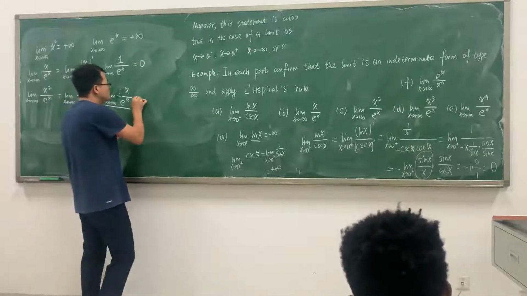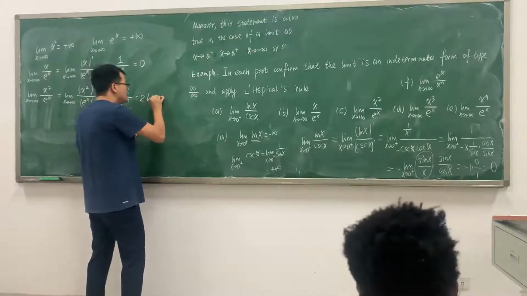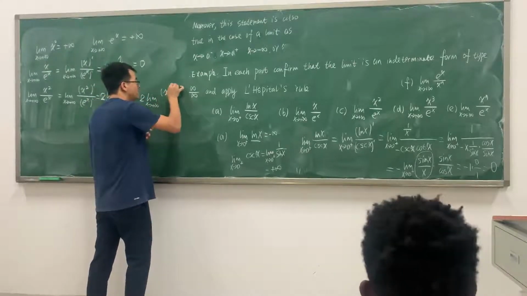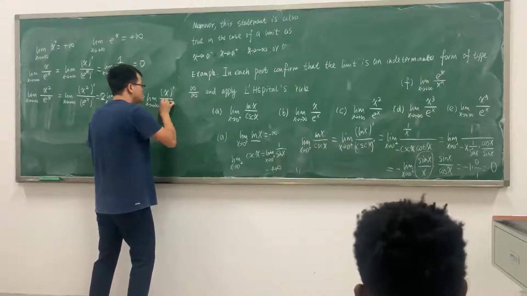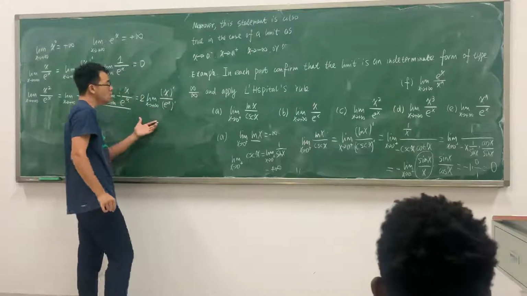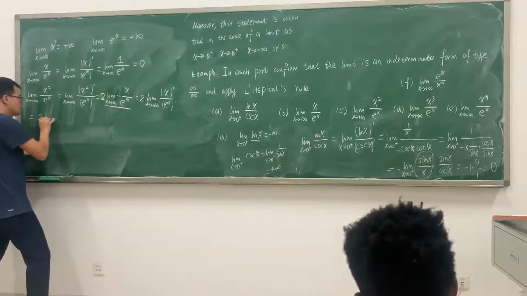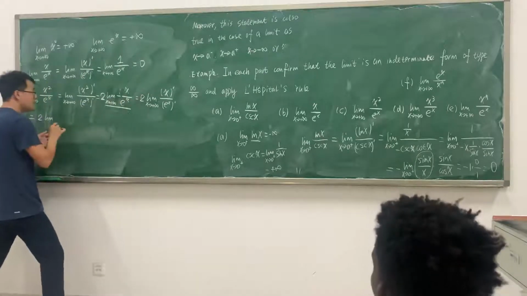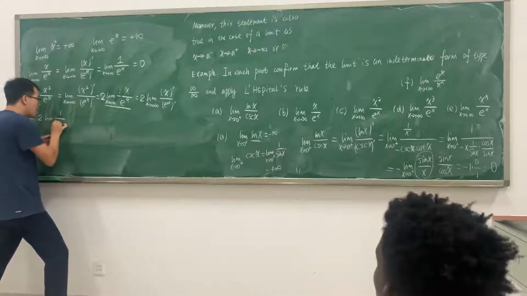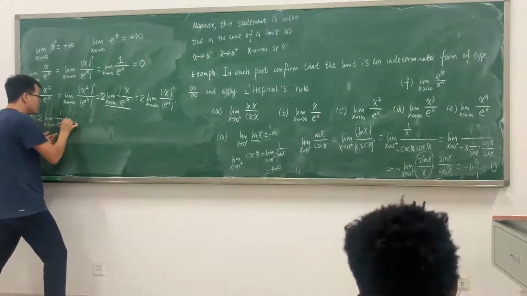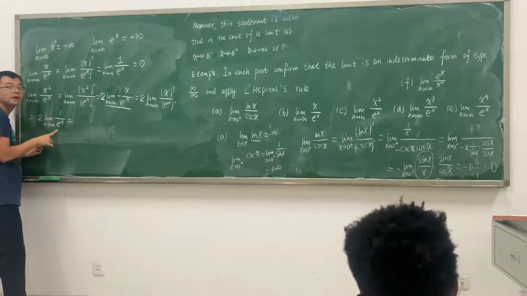So it equals 2 times the limit as x approaches plus infinity of x prime divided by e^x prime. x prime is 1, so we get 1 by e^x.